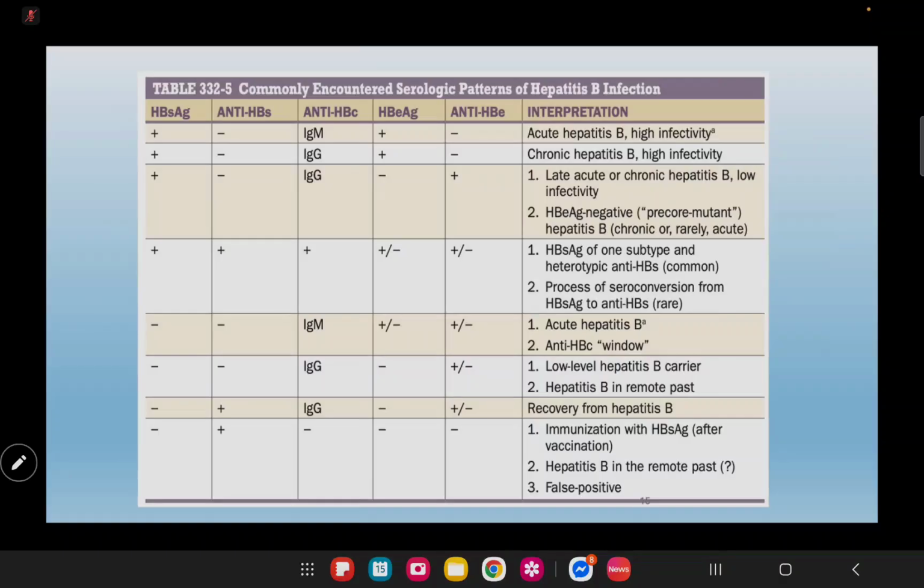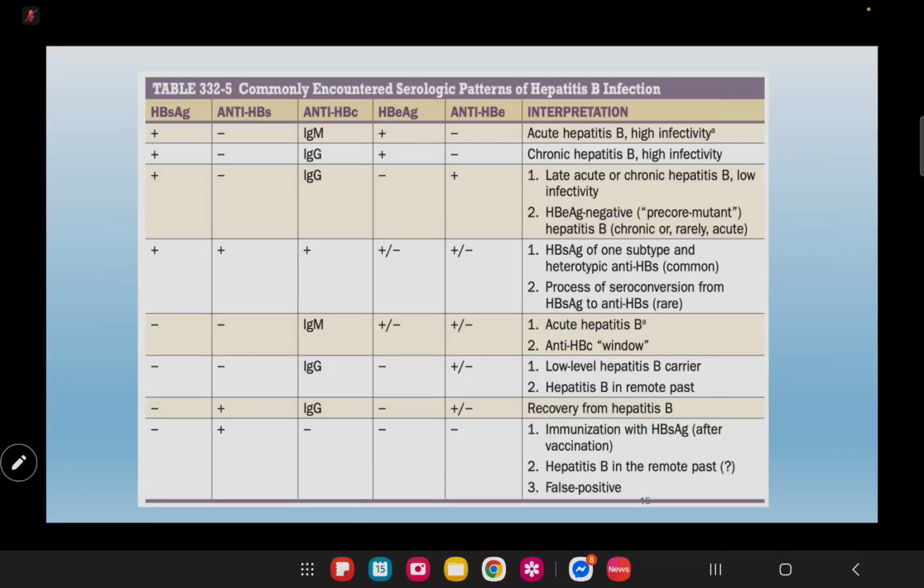While looking at the last one in the table, the patient is positive with anti-HBs. If you are vaccinated, you have received the primary series vaccination against hepatitis B, then you would expect anti-HBs positive. So this would surely come out in the exam, this table.